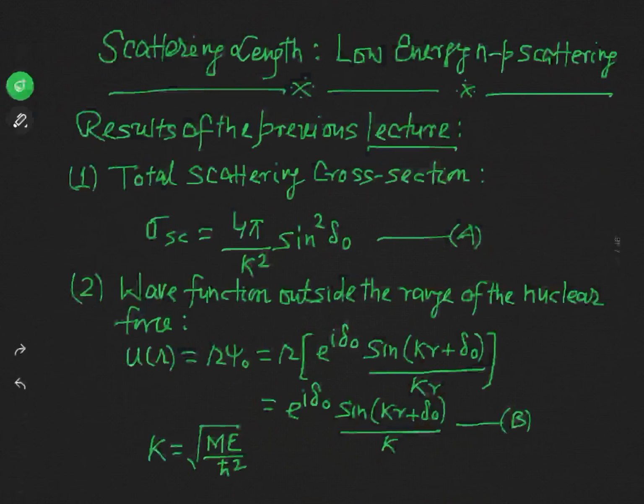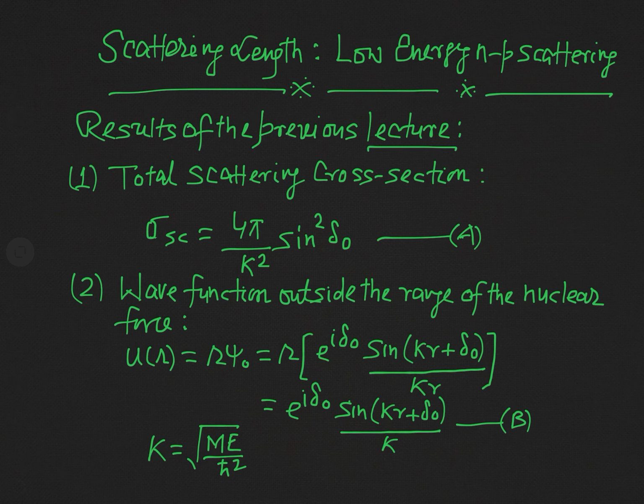Actually, two scientists named Fermi and Marshall introduced the concept of scattering length for the discussion of low energy NP scattering. Here I have just mentioned two important results which we have found in the previous lectures, and these two results are needed to explore the idea of scattering length.